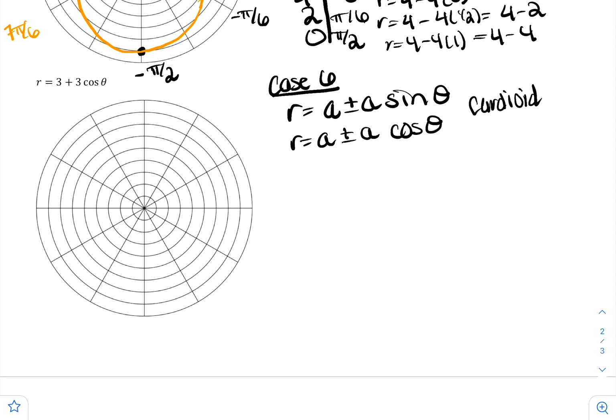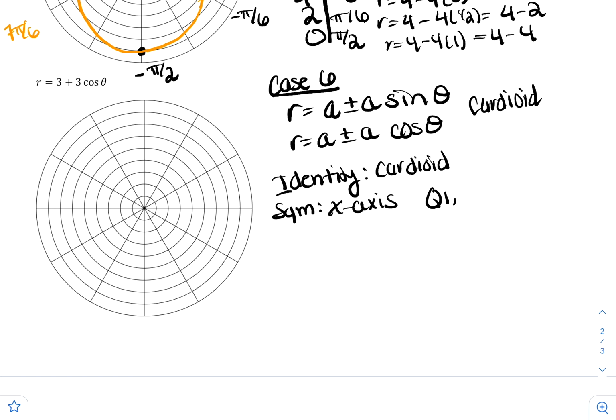So now we can go through the motion here. Identify. It is a cardioid. Symmetry. It has x-axis symmetry because it's cosine, which means that I'm going to graph in quadrants 1 and 2 and mirror to 3 and 4.